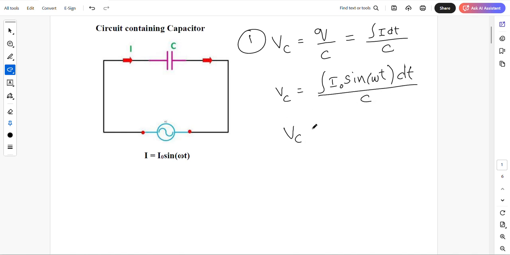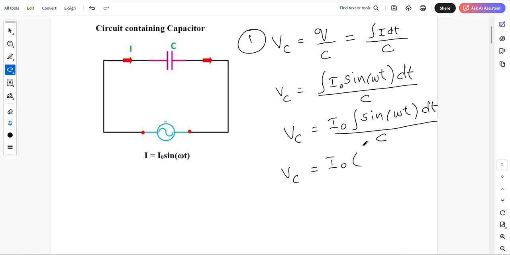Vc is equal to, take the constants outside, that is I naught is a constant, integral of sine of omega t dt by C. Now what is integration of sine of omega t? Integration of sine of omega t is minus cos of omega t divided by omega.